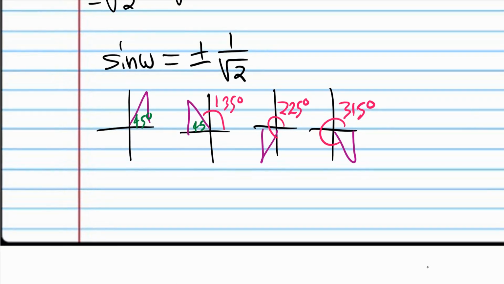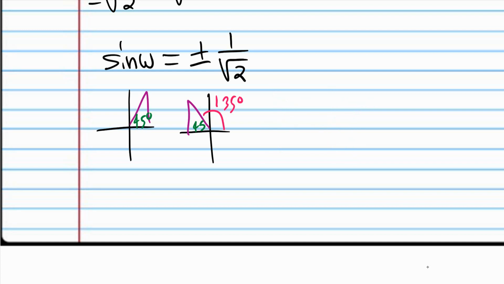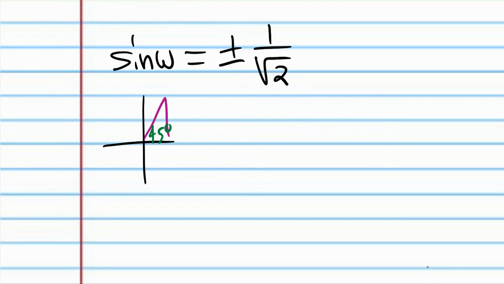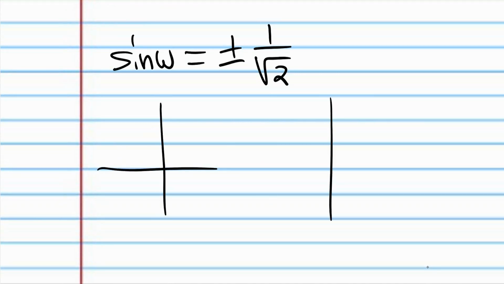But we can condense into 2 equations, because if you want to go from the first quadrant solution to the third quadrant solution, all you have to do is add 180 degrees.